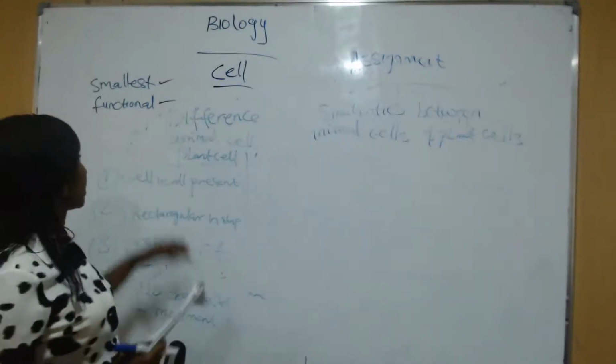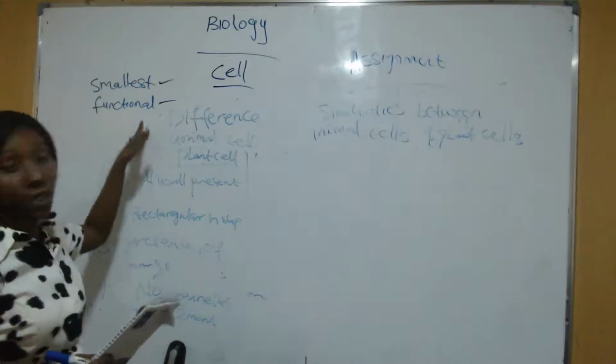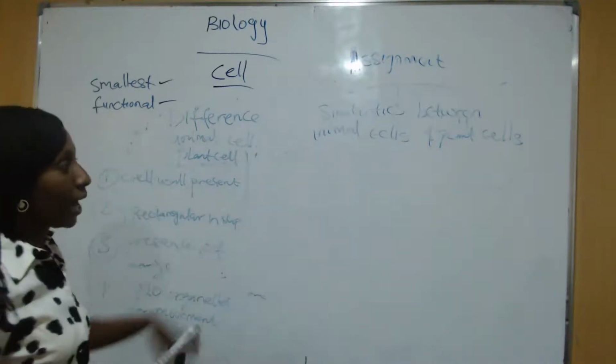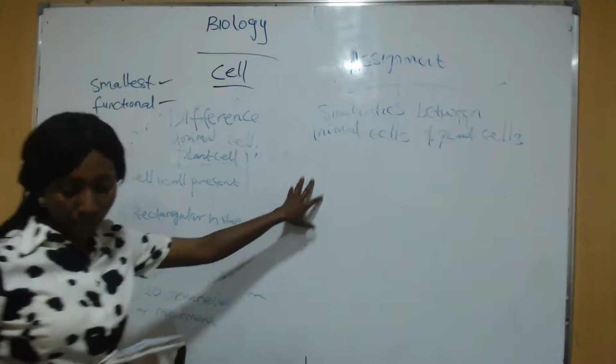I was able to outline the differences between the plant cell and the animal cell. That will be your assignment.